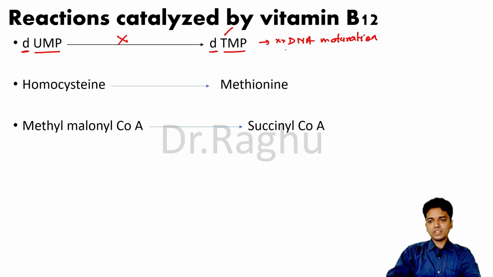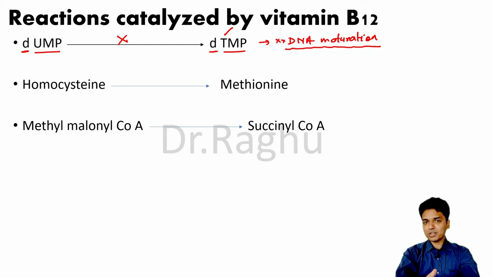We know that in our body there are cells which have to be produced daily, and such cells are more among the hematopoietic cells: the RBCs, WBCs, and the platelets. So if DNA maturation is not occurring, this is going to affect the formation of new cells.